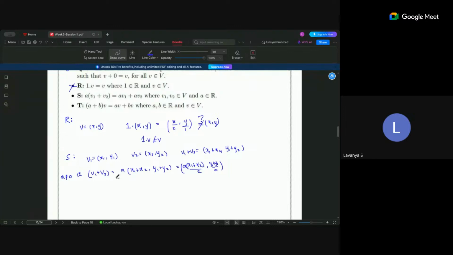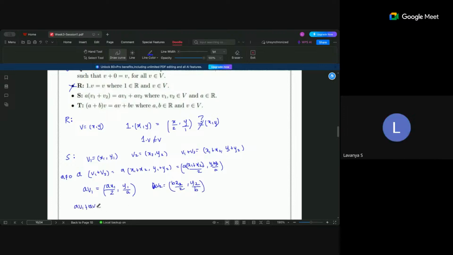Right? Okay. Now what about the right hand side? You have A v1 plus A v2. So what is A v1? A v1 is (A x1/2, y1/A). And A v2 is (A x2/2, y2/A). Now what about the sum?